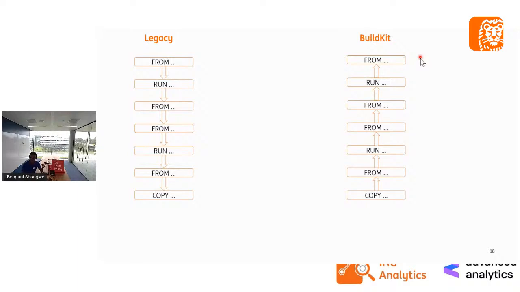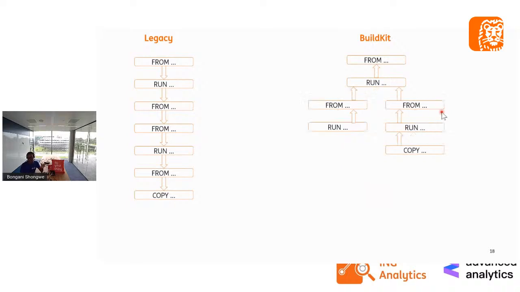So it does a traversal and creates a tree and tries to identify unneeded stages or stages which can be parallelized. So once it runs your Docker build, it transforms it to this. So it can actually identify that it can run these sets of stages in parallel next to each other.